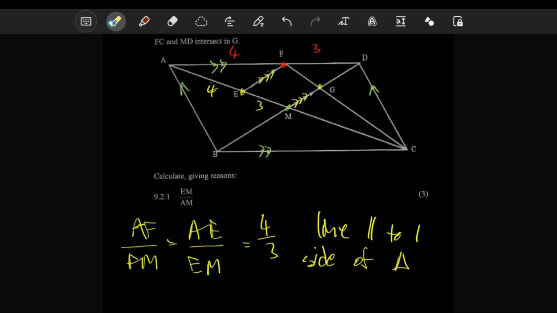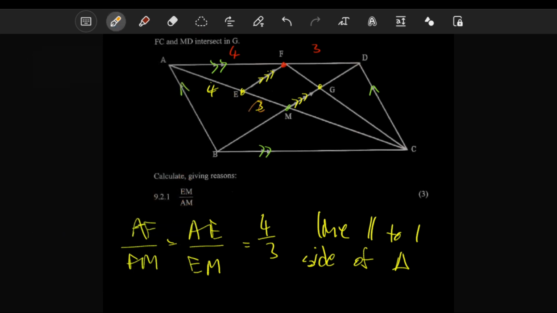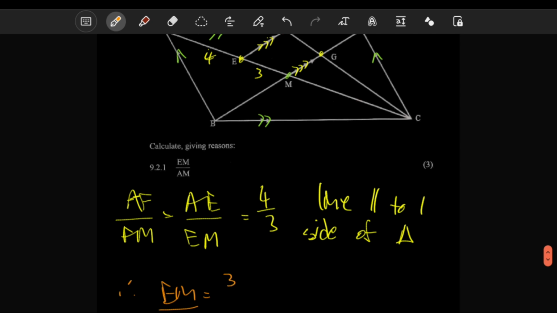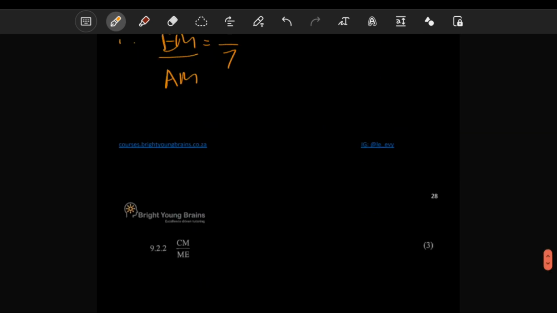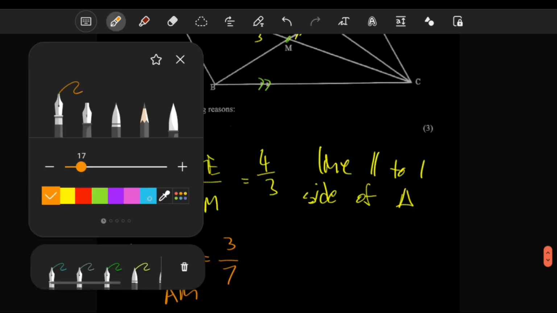Because we have stated that, we can write the ratio that we want: therefore EM over AM. We know that EM is 3, AM is 4 plus 3, which is 7. Easy marks.